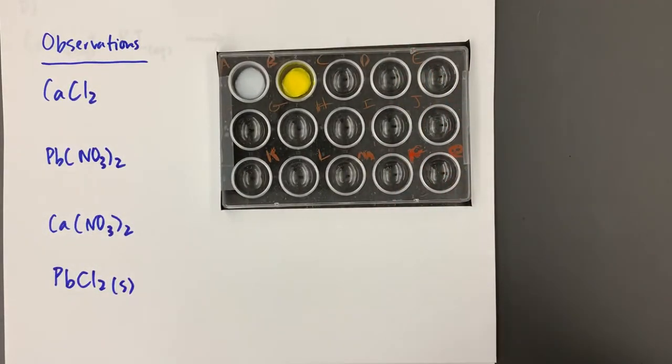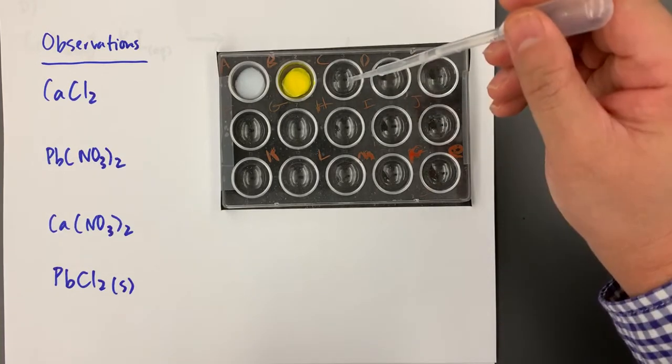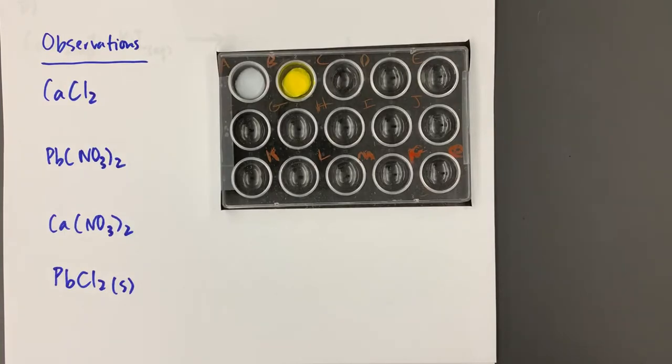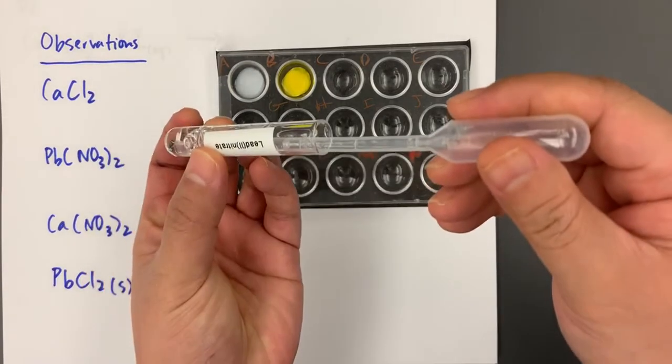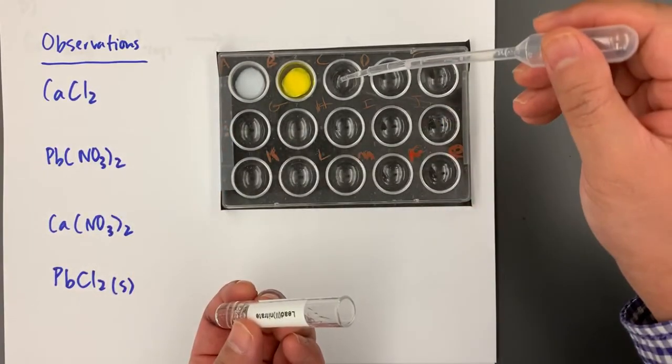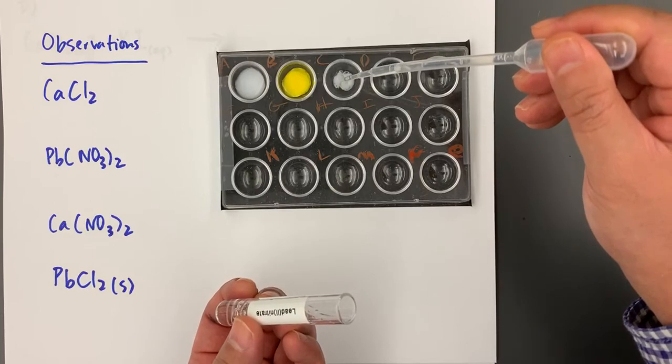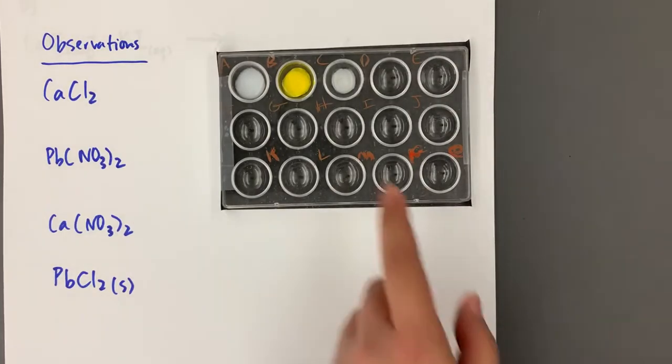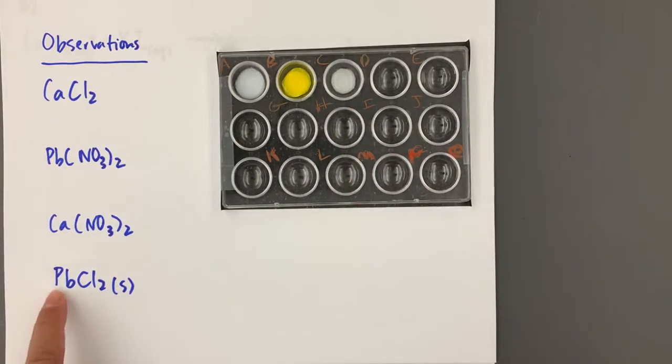Calcium chloride. I'm going to do a couple drops of that. Okay, it doesn't really matter how many drops, just as long as there's a sufficient amount to cause the reaction. And we're going to do lead nitrate. Notice for both of these, they are clear, colorless solutions. Notice there is a solid, like we predicted, that is the lead chloride.